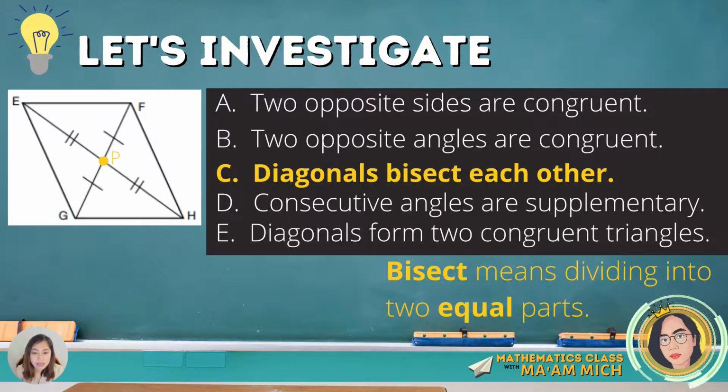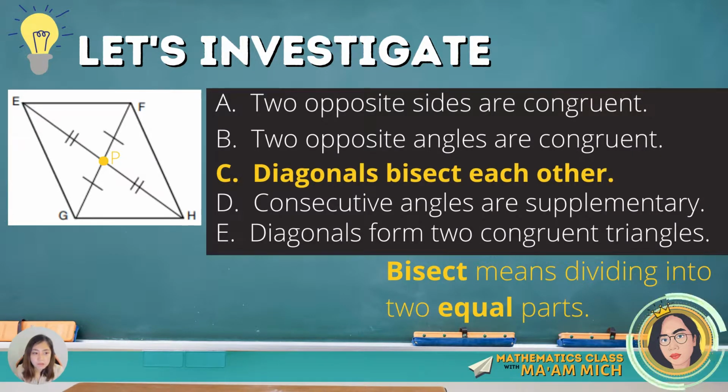When we say bisect, it means dividing the line or the segment into two equal parts. We have here diagonal EH and diagonal GF. So, meron tayong symbol of congruency. We have here segment GP is congruent to segment PF.